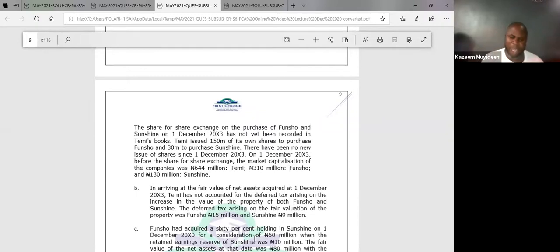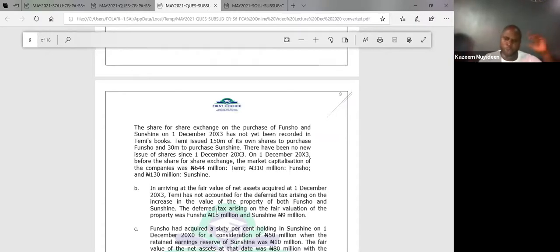They did not say whether it's a liability or an asset, but you will know by the statement: increase in the value of the property. That means the carrying amount of the item in the financial statement is greater than the tax base.